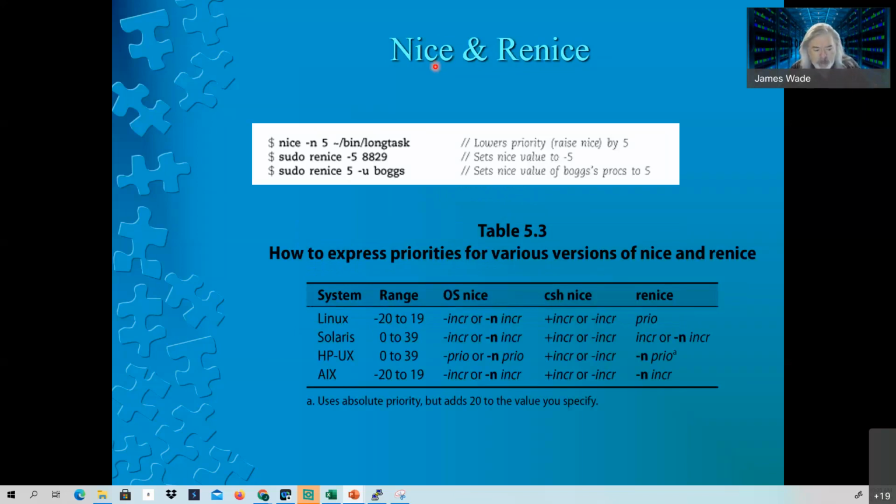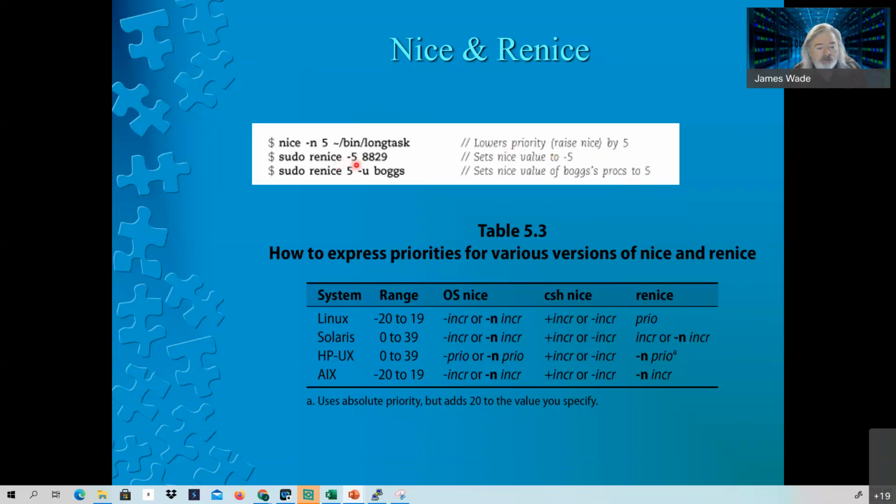Nice. Nice is where we set a value to give a particular program higher priority, or lower priority. So as an example, nice -n 5 lowers the priority by 5. Or we could raise it.